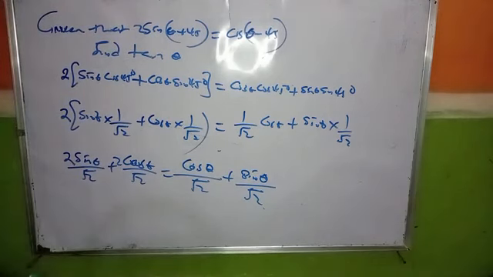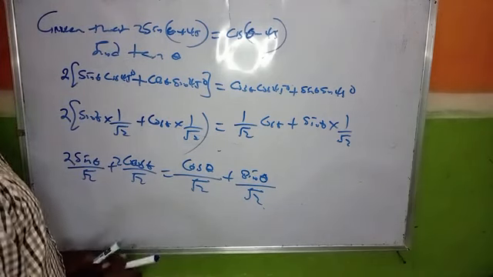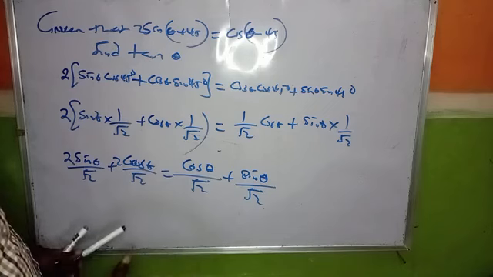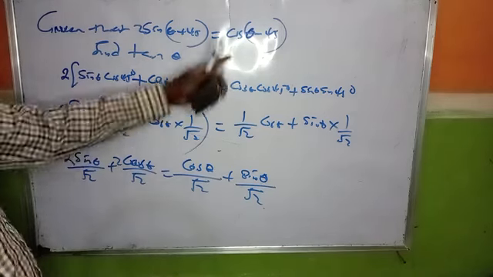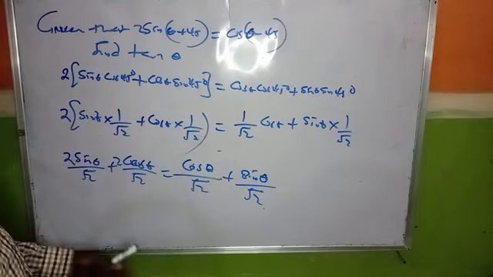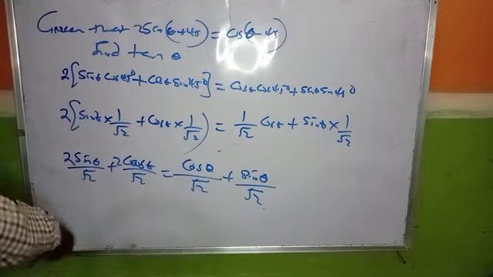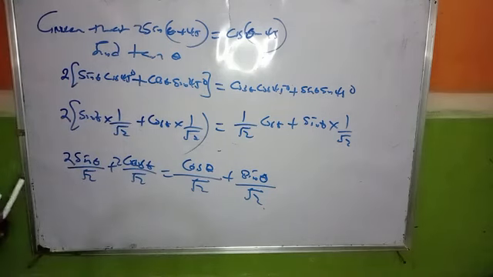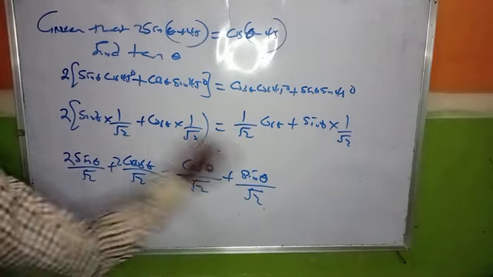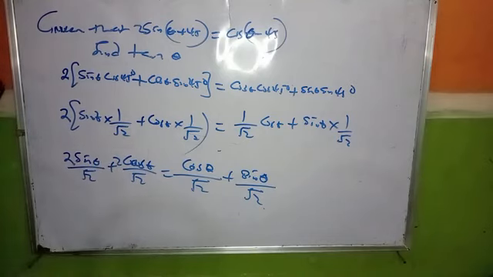Again, what you do is you collect like terms. Here is a plus and a minus. You collect like terms. So when you collect like terms, bring this one here and bring one here. So what do you have?